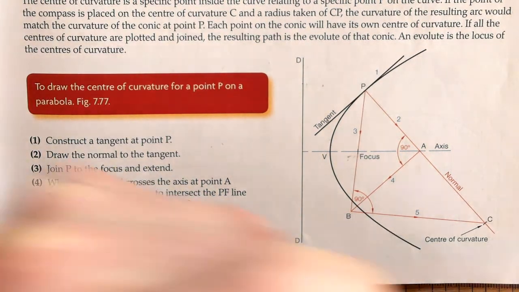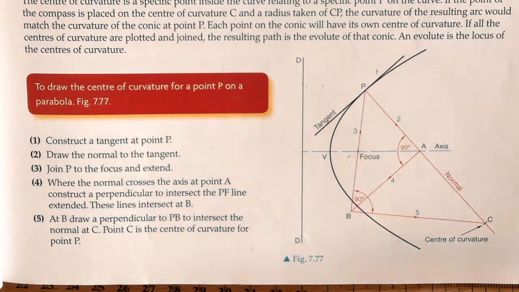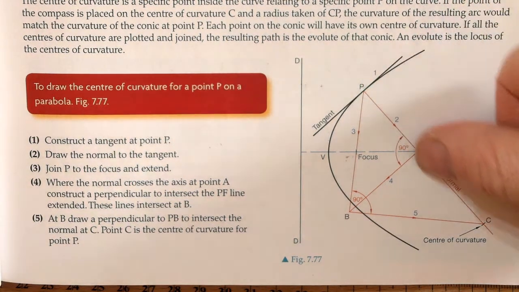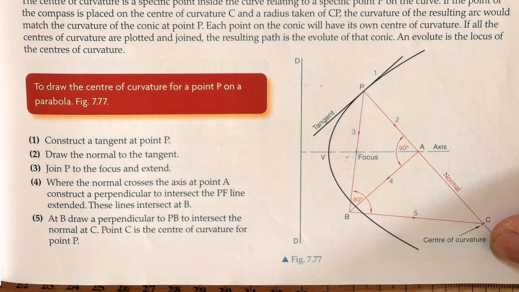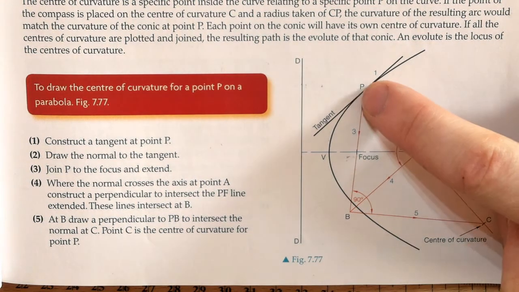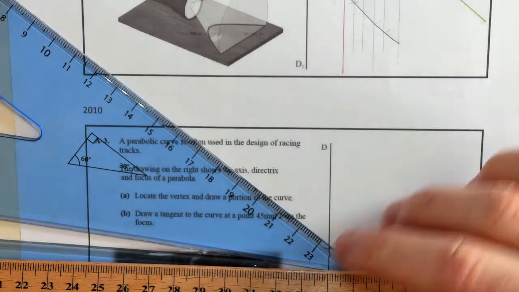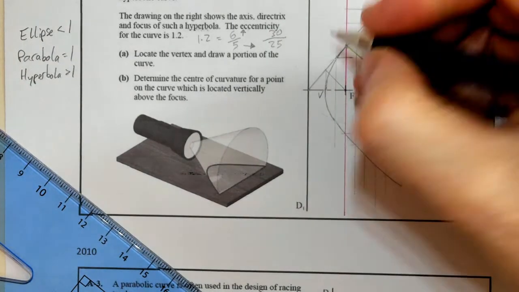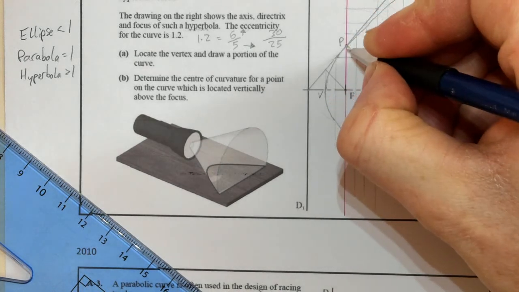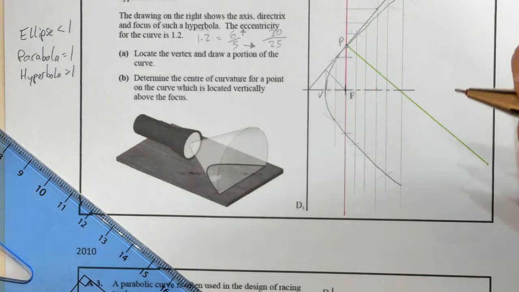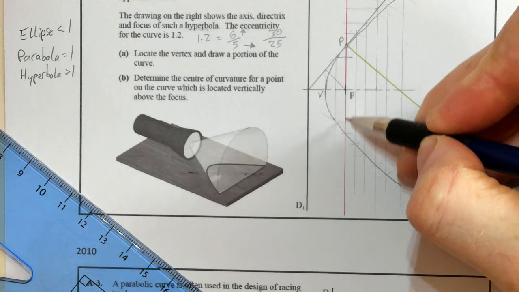Now, how we actually go and find this, there's a couple of steps involved. So we've done step one, we've drawn in the normal. The second part is we join our point to the focus. Now if you look at our drawing here in front of us, I'm just going to call that there point P. We have already joined P to the focus, and we've extended it out.